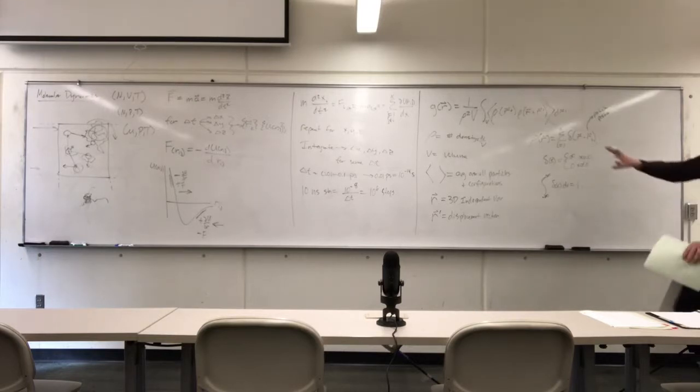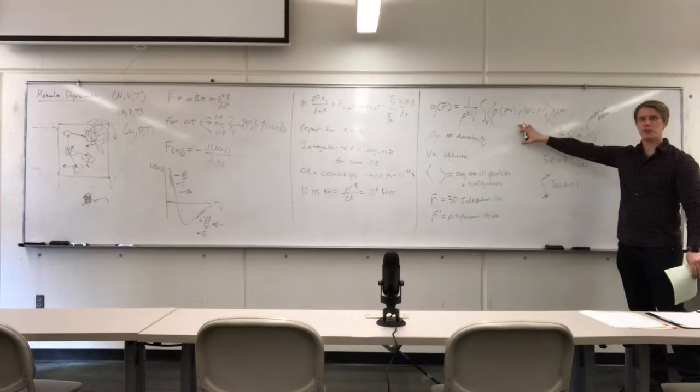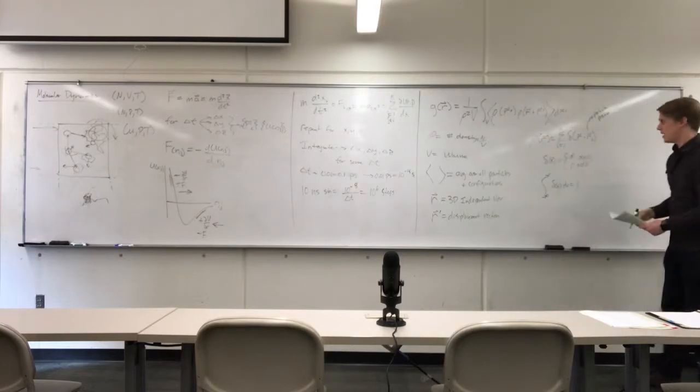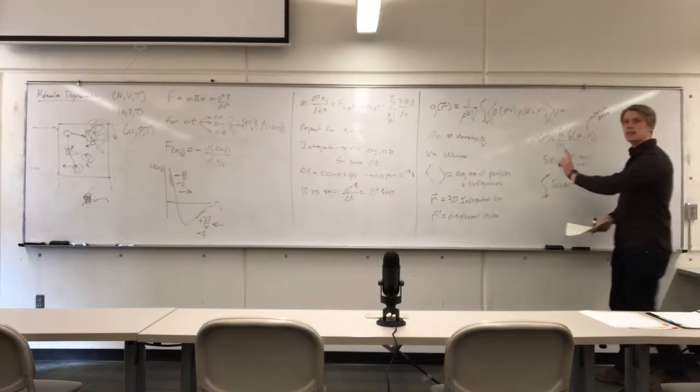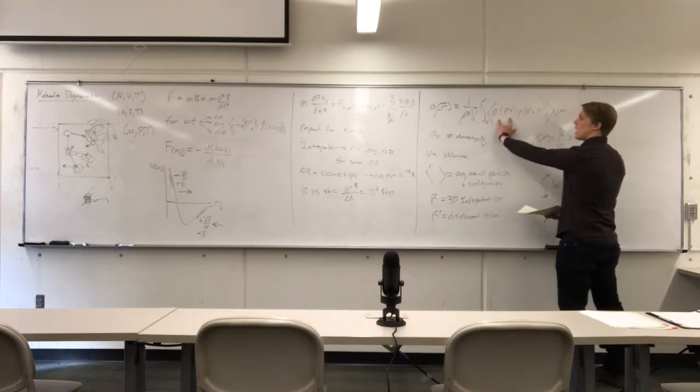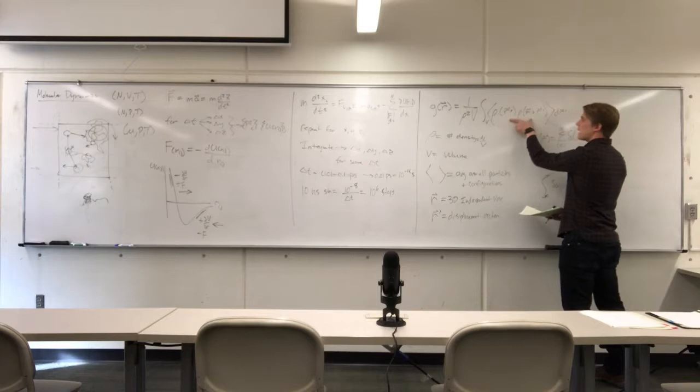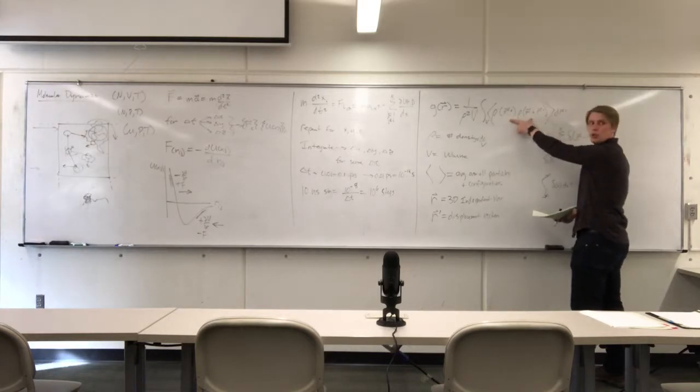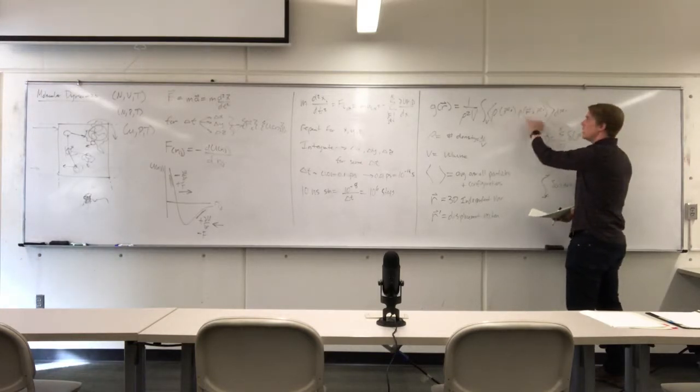So I promise this equation is much simpler than what it seems. So what we're saying here is that we're looking at whether or not there are two particles that are separated by an r prime distance.